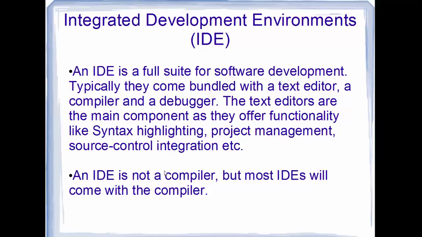Now we are going to download an IDE called CodeBlocks, which comes with a compiler called GCC. So let's see how we can download this CodeBlocks IDE and how we can write our first C++ program in it.